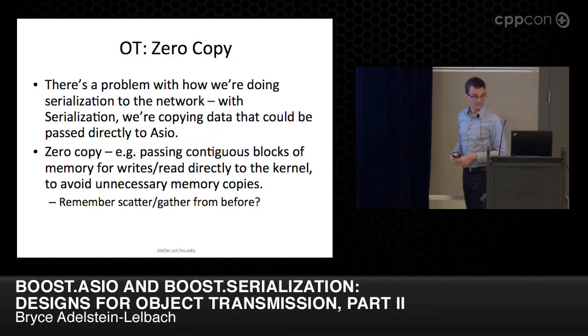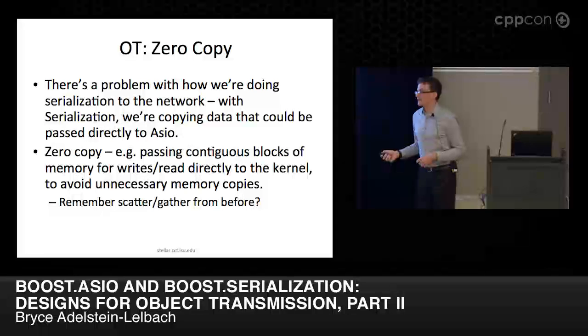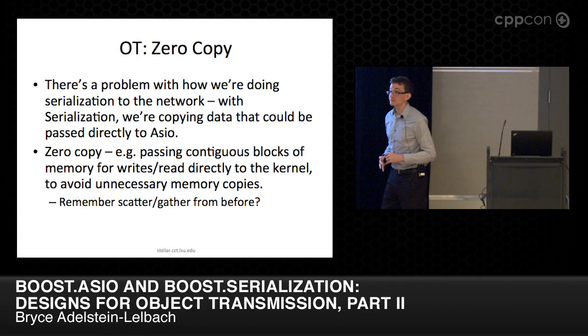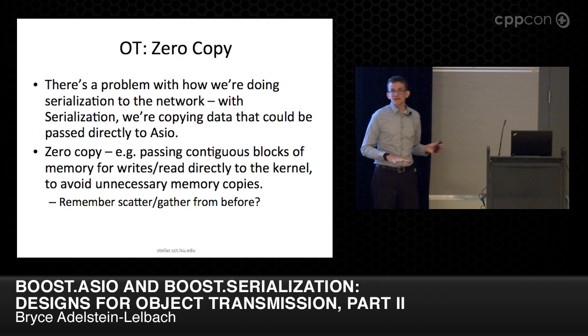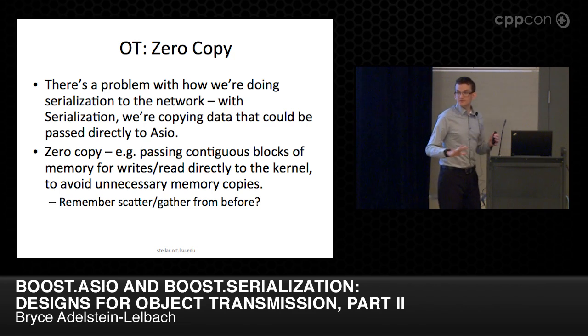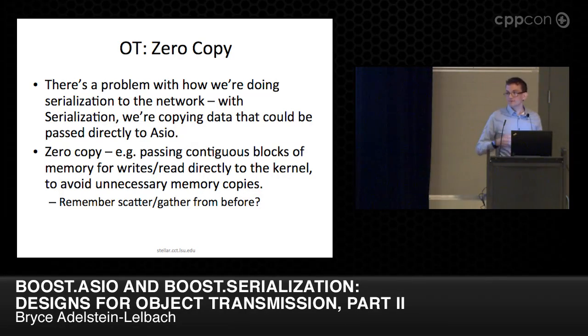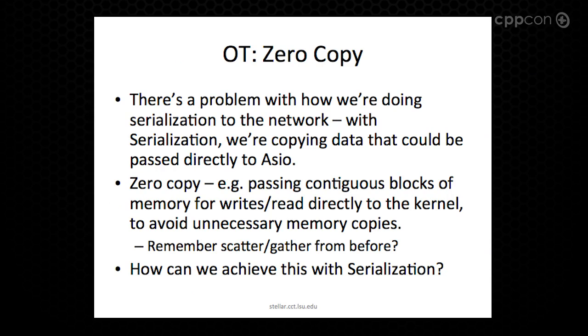Now, scatter-gather can be problematic there, because when you have an array, that's one thing. But what if you've got a couple arrays, you want to reduce the number of copies here, but you've got non-contiguous blocks of memory?